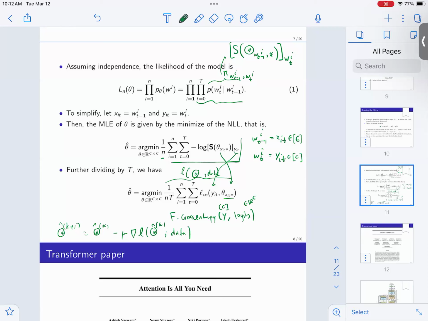Every time you do one step, you subsample a bunch of data, calculate the gradient, and move in that direction. Next time, another batch of data, you calculate the gradient and move in that direction. This is the idea of mini batch. Use a subsample, and this would be mini batch SGD.